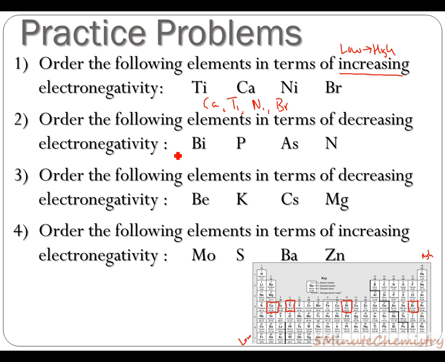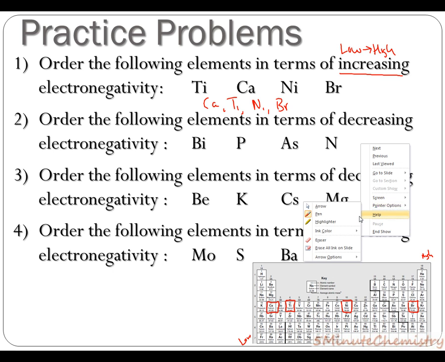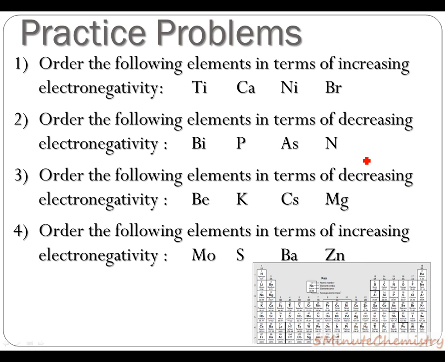The next one is asking to order the elements in terms of decreasing electronegativity. So let's go ahead and erase that. Again, low values are here, high values are here. We want decreasing, so that's going to be high to low. So it's bismuth, phosphorus, arsenic, and nitrogen.